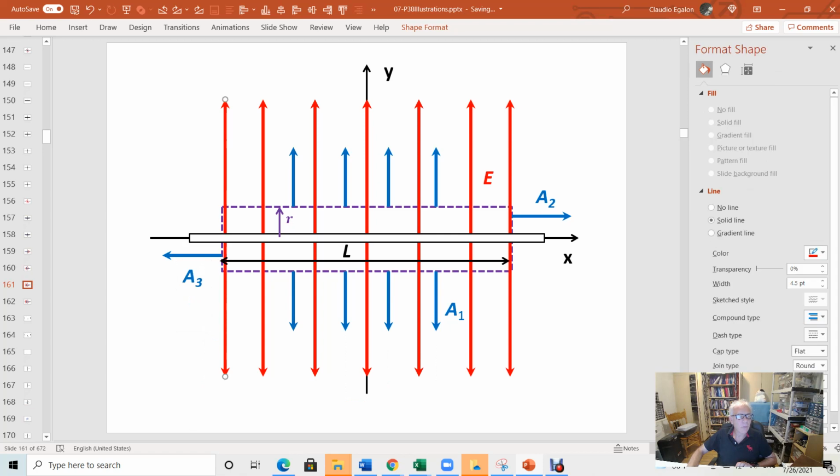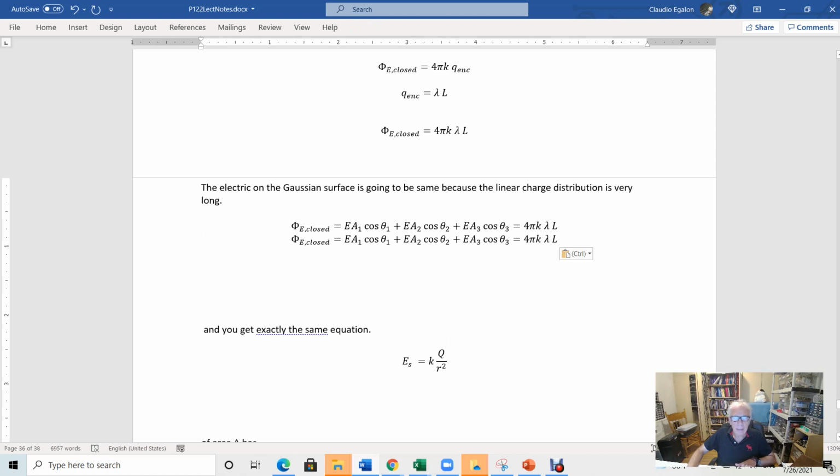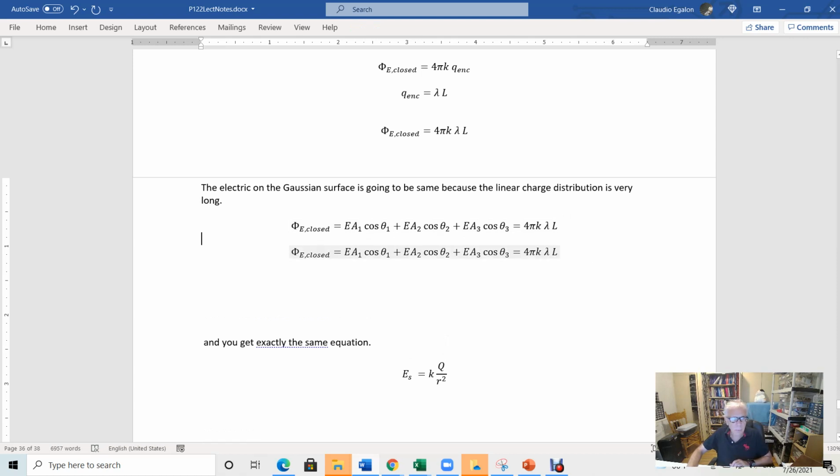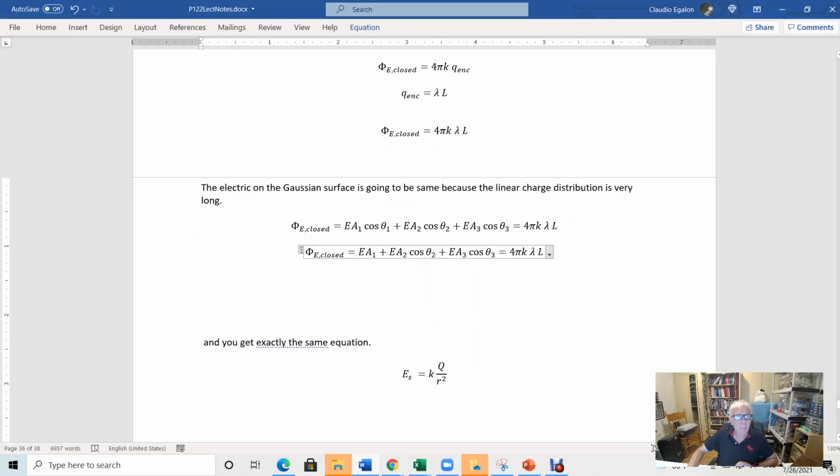The electric field here is parallel to the area vector, right? So cosine of theta 1 is going to be 1. The electric field at cap 2 is going to be perpendicular to the area vector, so my cosine of theta 2 is going to be 0.